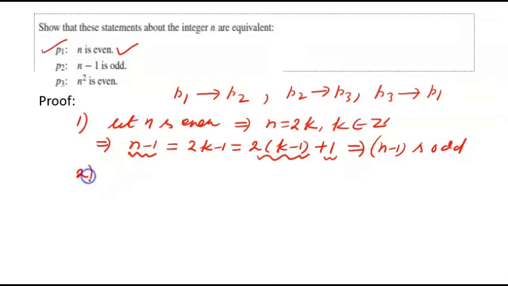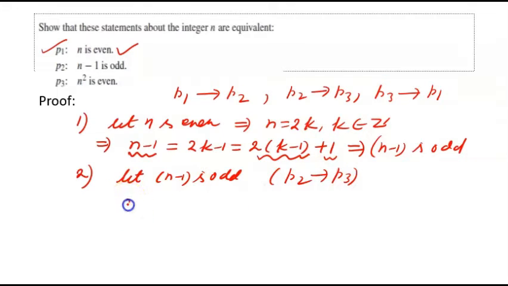What is the next thing we have to do? We have to start with: let n minus 1 be odd. And we have to show that n square is even, meaning we have to show that P2 implies P3, right?